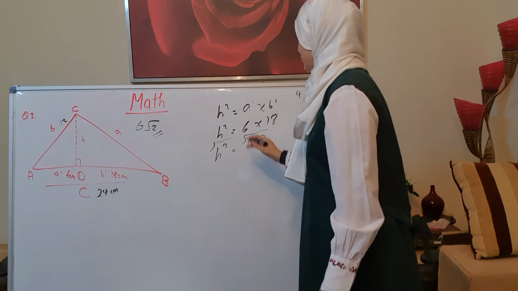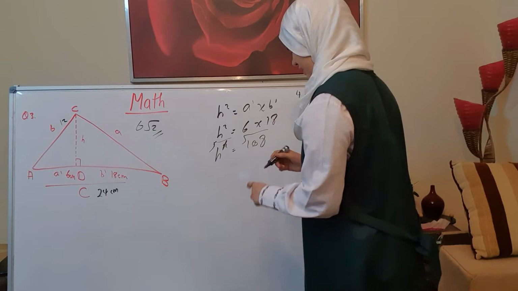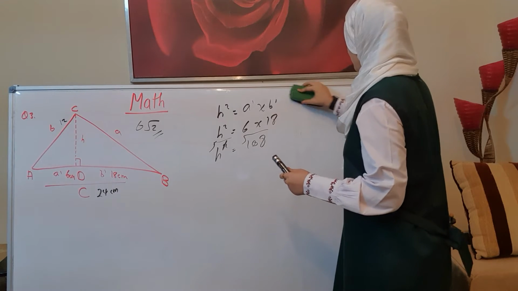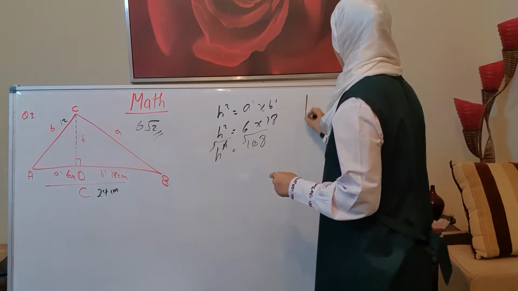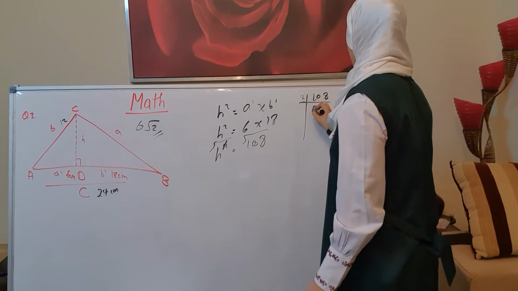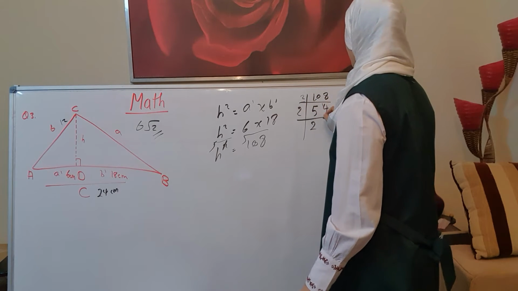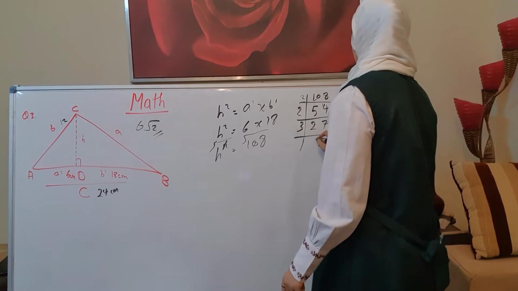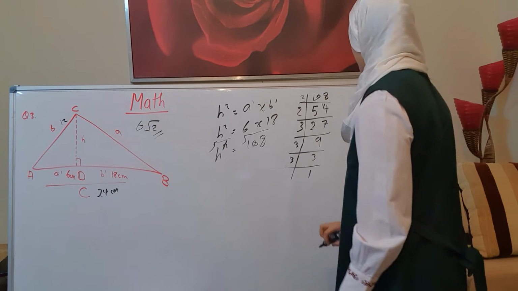Taking the radical of both sides, the square cancels the radical, and we get radical 108. As I told you before, we can divide it by 2 or approximate. So now we divide it. 108 by 2 is 54. Again by 2 is 27. Then by 3, by 3, by 3, and we get 1.